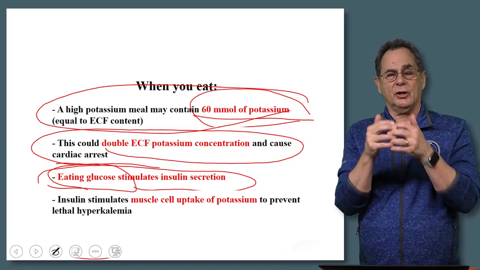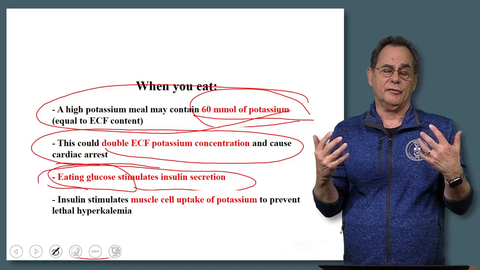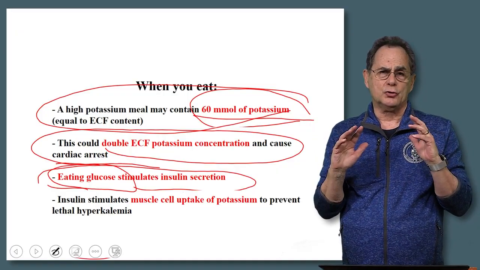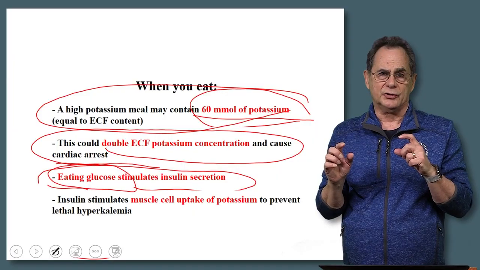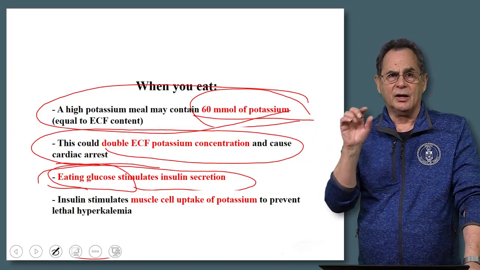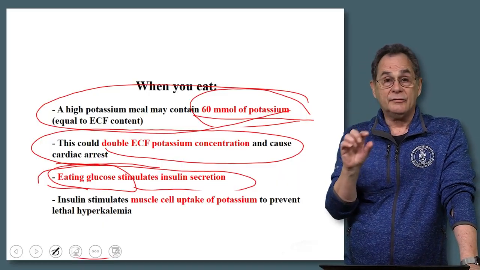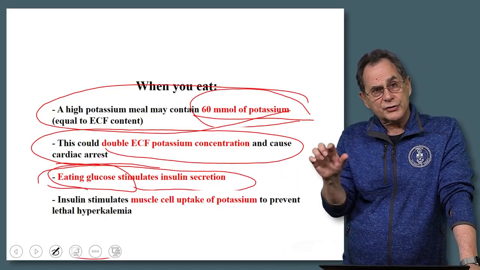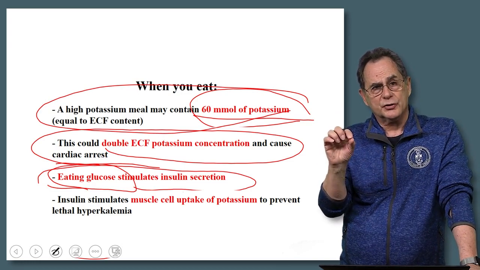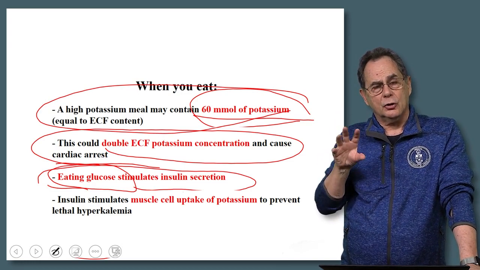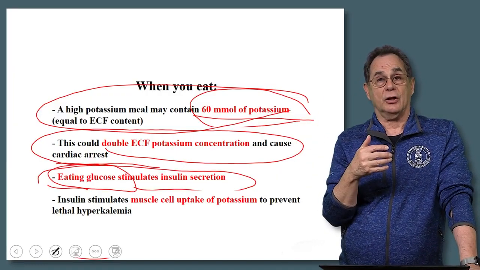Now, 60 millimoles of potassium into 28 liters with 150 millimoles of potassium causes a trivial change in the intracellular potassium concentration. So you and I can eat a meal high in potassium, high in vegetables and fruit, and not suffer a cardiac arrest because our physiologic response, engaging insulin, drives that potassium meal into the cells.